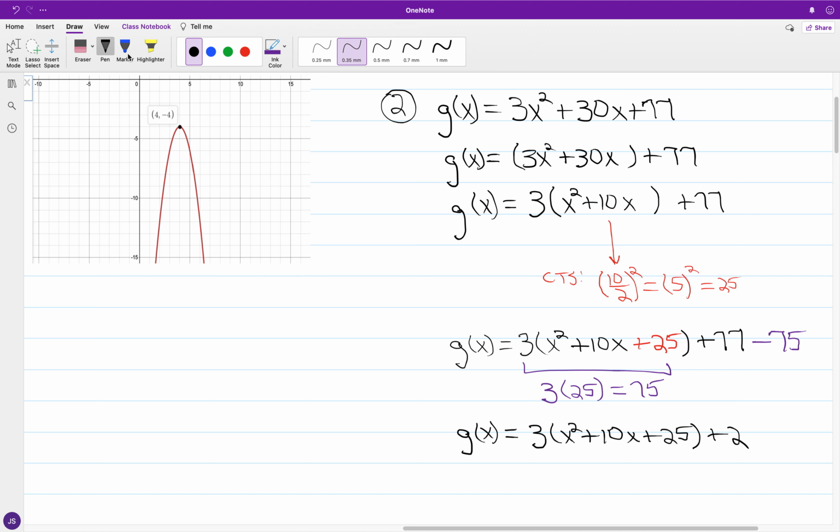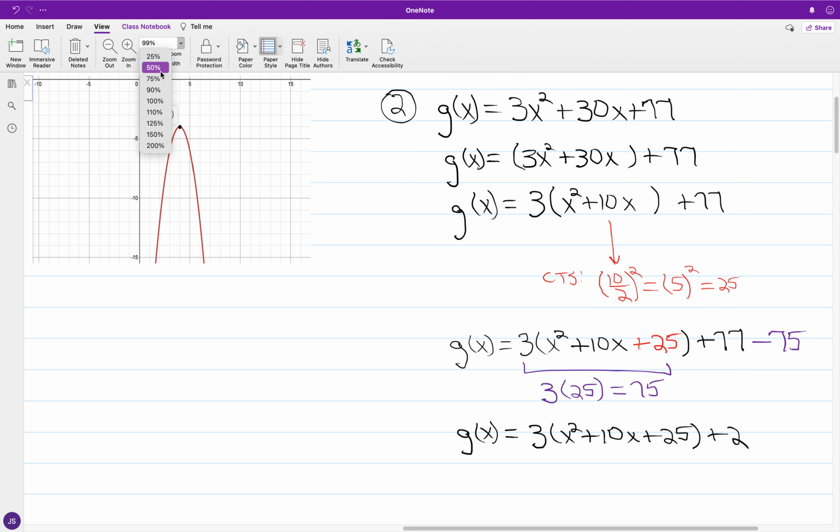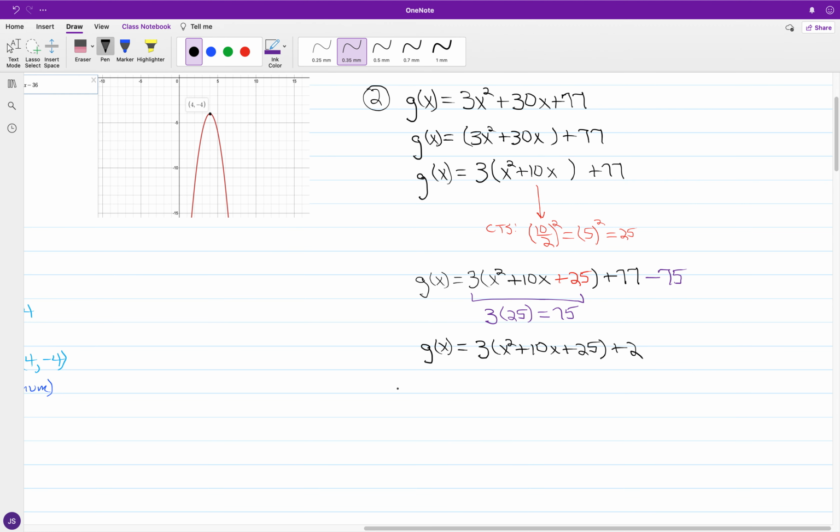And for what we have in the case of the vertex form, we have for g of x, 3. Now for x squared plus 10x plus 25, again we have a square trinomial.